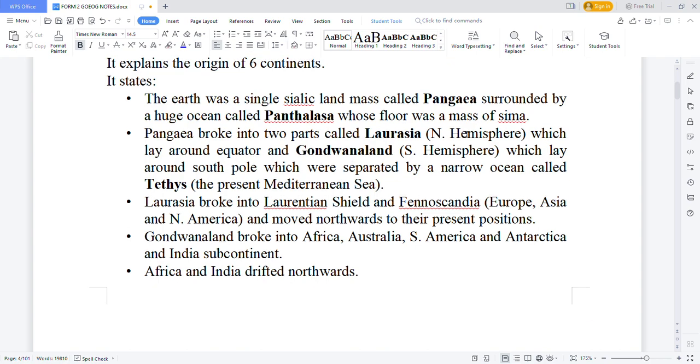Laurasia broke into the Laurasian Shield and Fennoscandia (Europe, Asia, and North America), and moved northwards to their present positions.